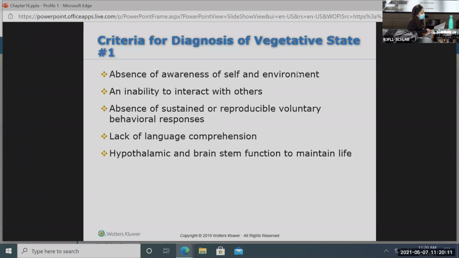We look at this, everything is disconnected. She said Saturday, then said lunch, then said bathroom. She doesn't know what she's talking about. That's what it says, lack of language comprehension. Hypothalamic and brain stem function to maintain life.